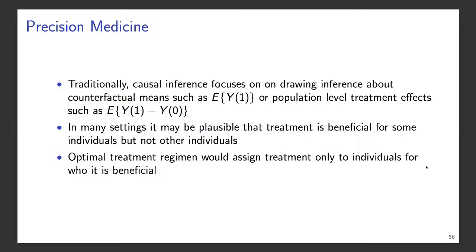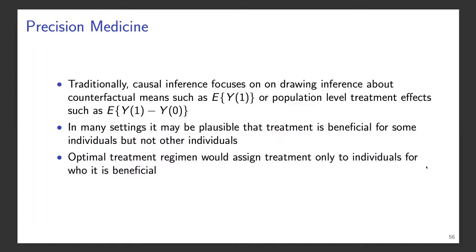Now, of course, ahead of time, and maybe if you're a really, really good physician, we may not know if an individual will benefit from treatment. But we might hope that based on existing data, we could predict who's going to benefit based on their covariates. So you could think of a different policy or regime, which is essentially a rule or function that tells you, given somebody's baseline covariates, whether you give them treatment or not.